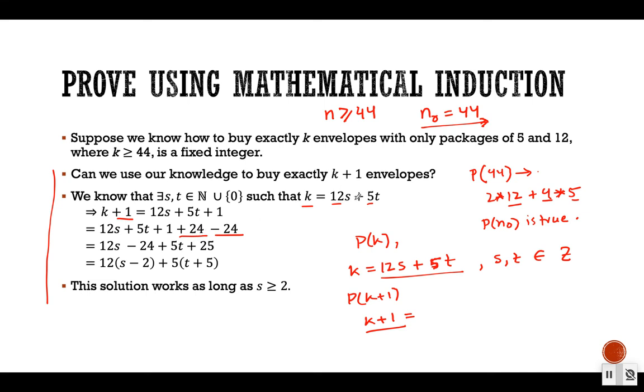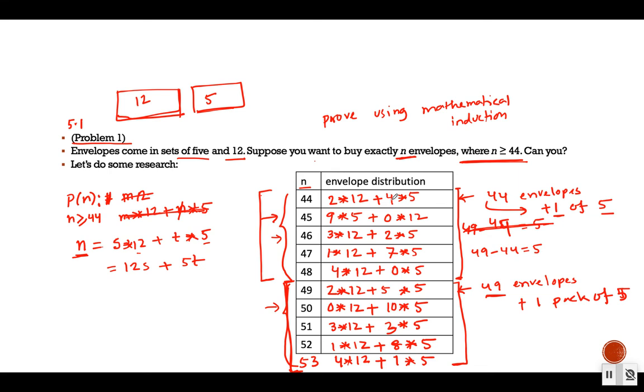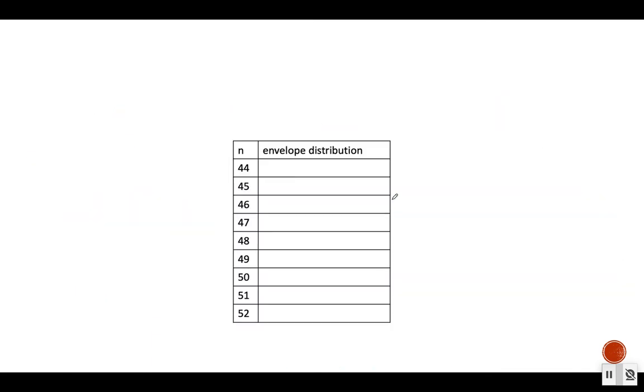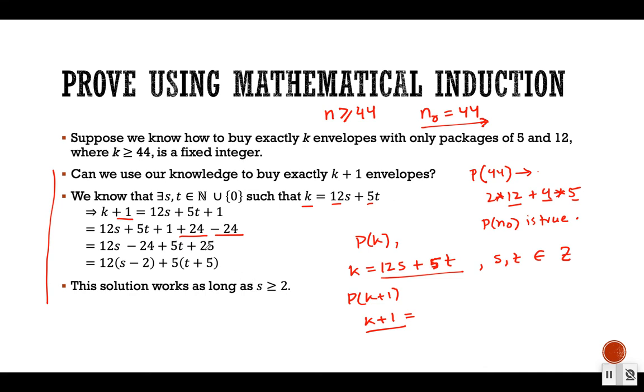Here we have 12s and 5t, and from our last discussion you can see that we are not going to do anything with the 12 pack. What we can do is just add one more 5 pack. That's why we are adding 24 minus 24 here, because 24 is divisible by 12. You will see why we are doing that.